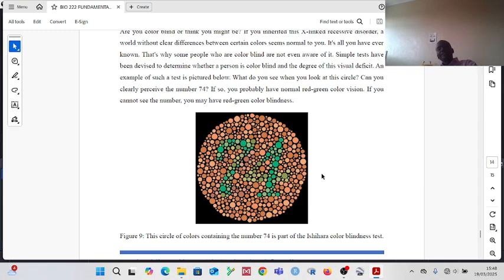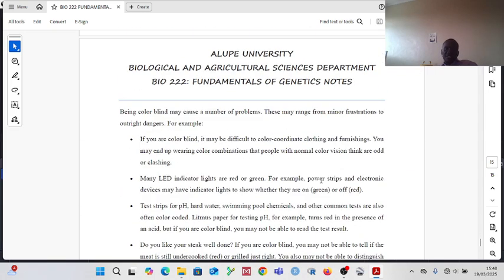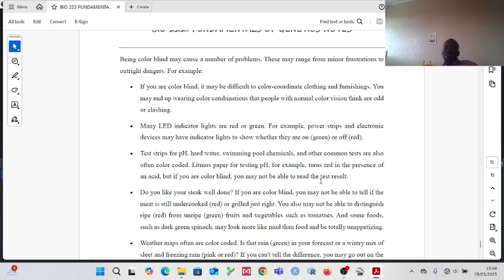So the genetics stops here, but the next just gives you why, when you are colorblind, some of the things might be difficult for you. One of them is dressing: kuvaa nguo. You might end up clashing. Kuvaa nguo hii na hii, you're not able to match your clothes, because there are people who are so particular with the colors.